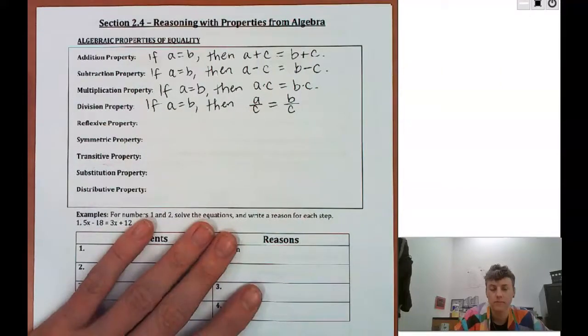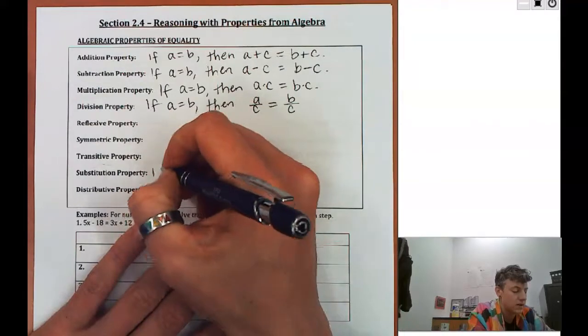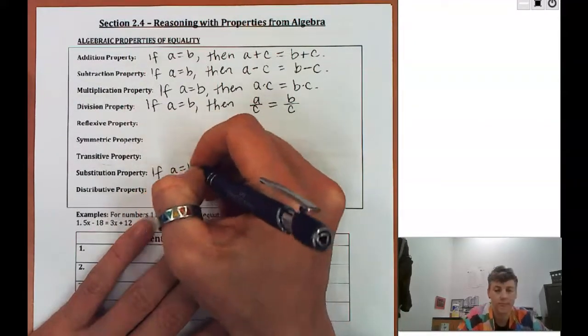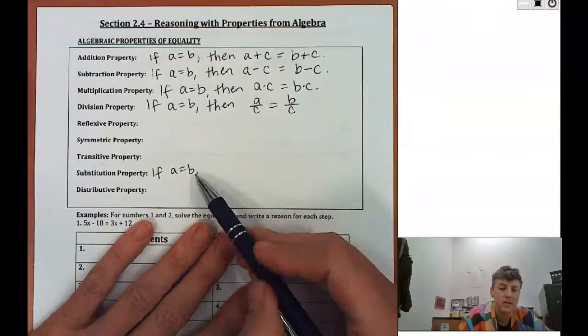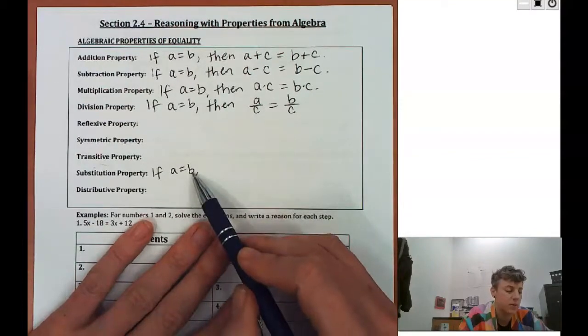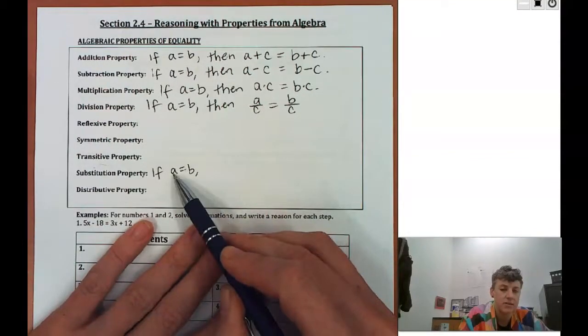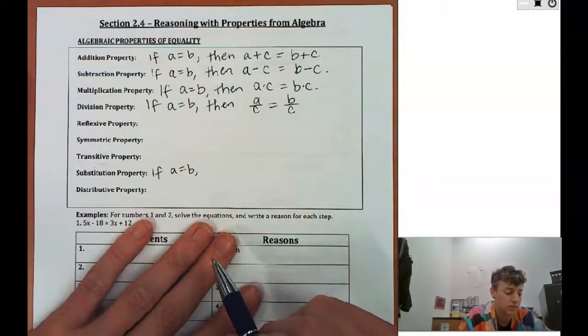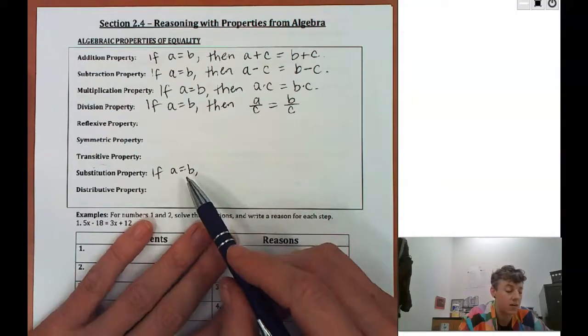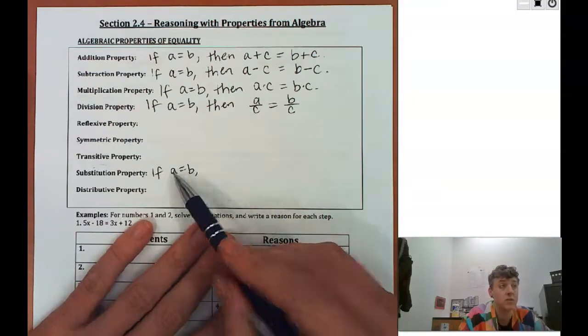A substitution property. We'll start it the same way. If A equals B, so the left side equals the right side, then I can substitute B in for A in any equation. If they're equal to each other, I could put B where A was, and it would still be true because they're equal to each other.